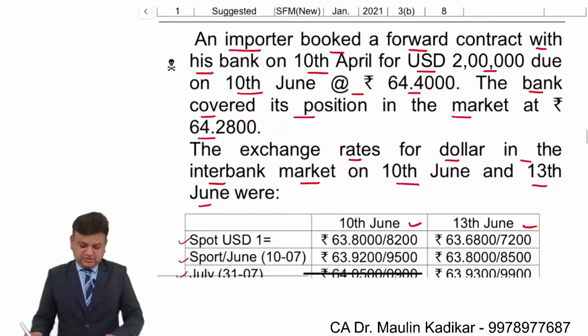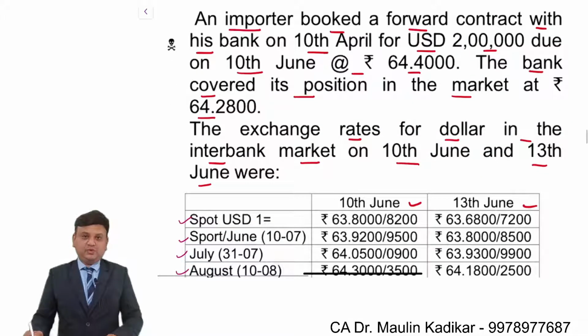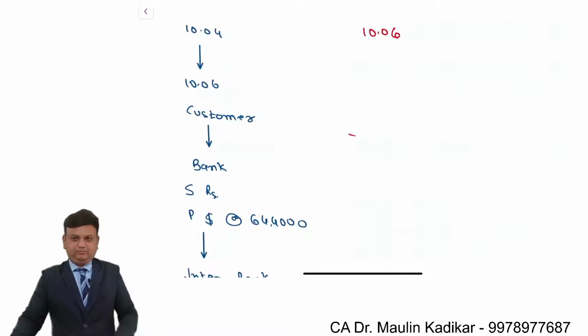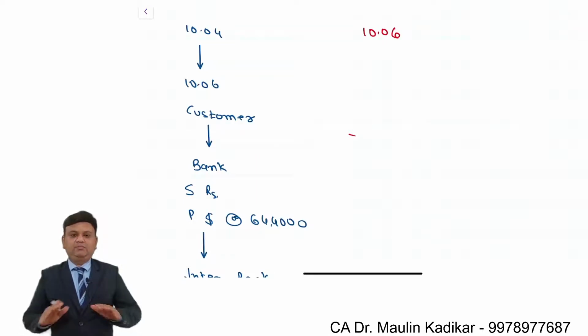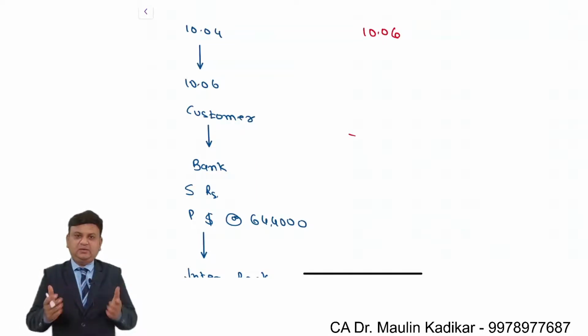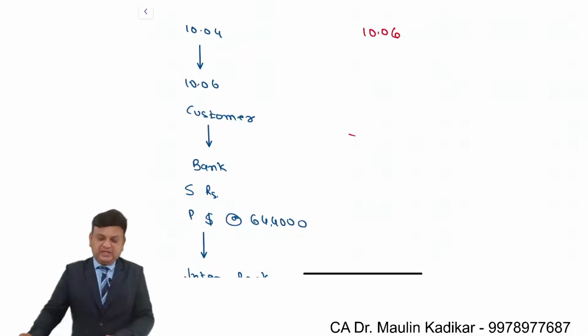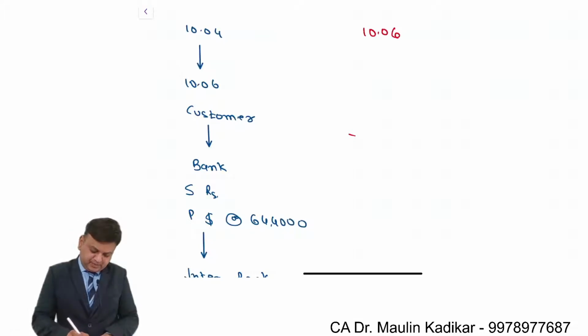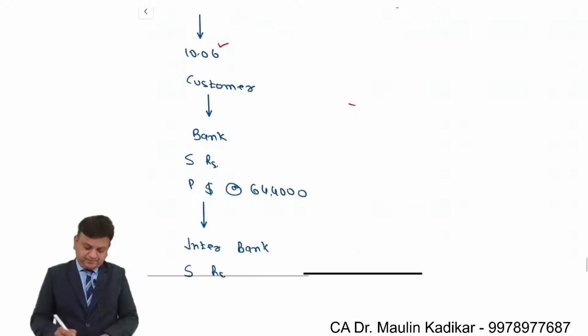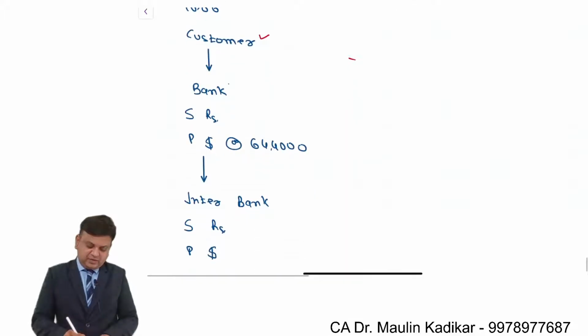These are the questions. Please go through the question. Before we start writing the answer, we will first of all have understanding of the question. The question is providing the information that on 10th of April for 10th of June, a customer entered into a forward contract with the bank.